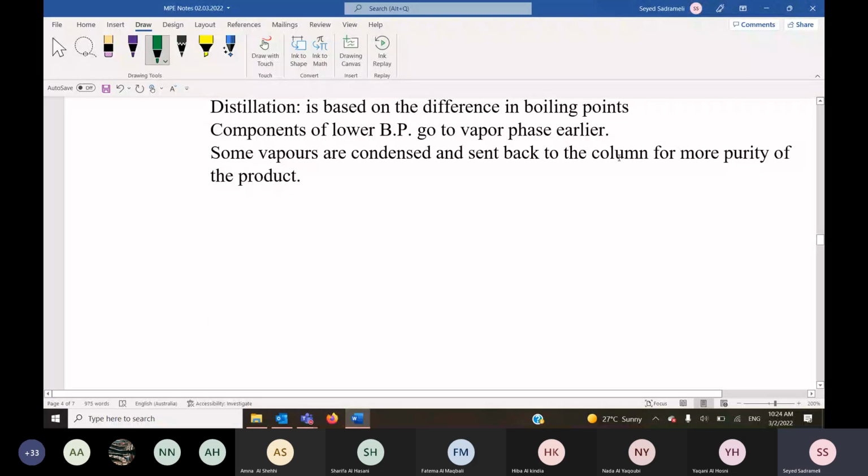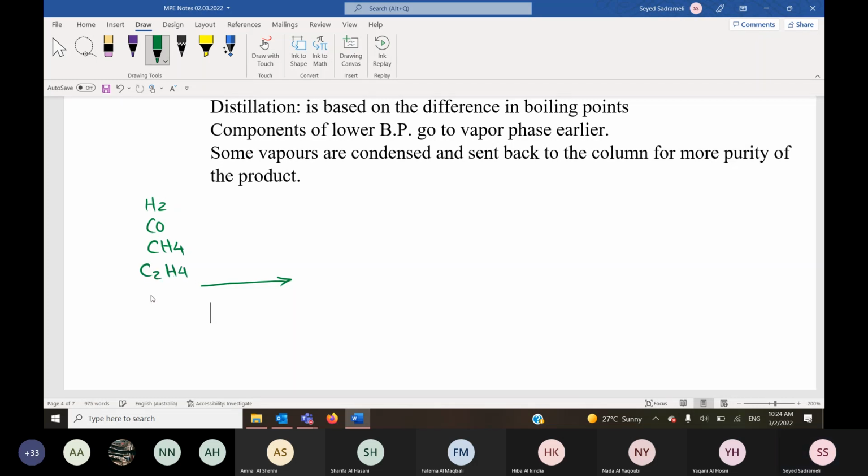So the mixture of the gases including CH4, CO, H2, C2H4, C3H6, and heavier components.